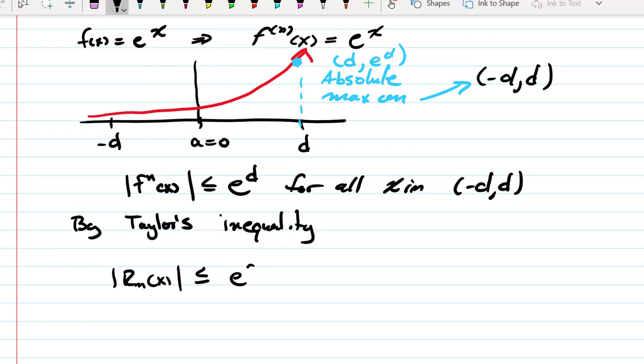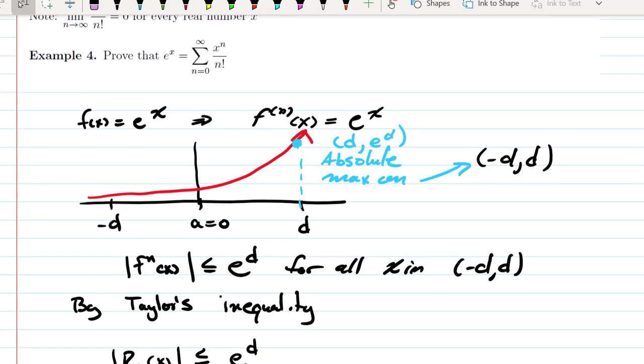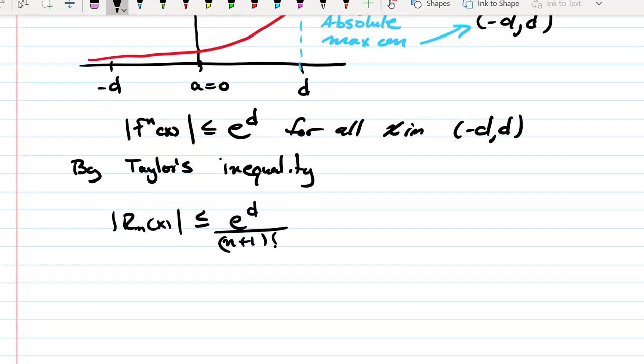So we're going to have e to the d over n, I think I said minus 1, it's n plus 1 factorial times x minus a, but in this case our a is 0, so that's x minus 0 to the n plus 1.